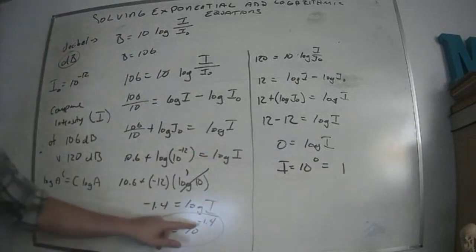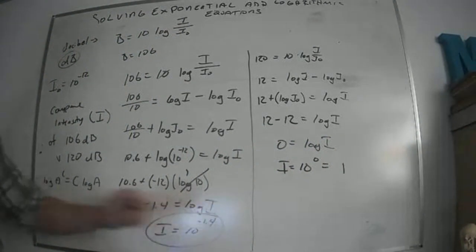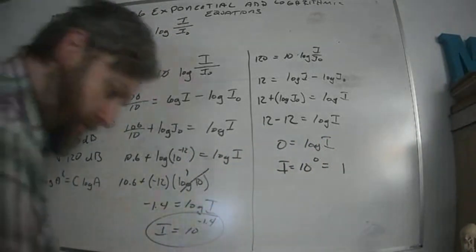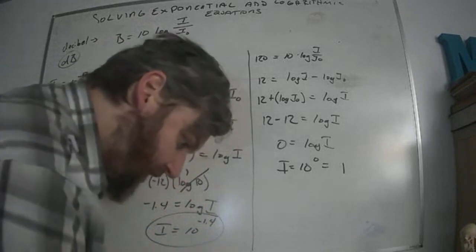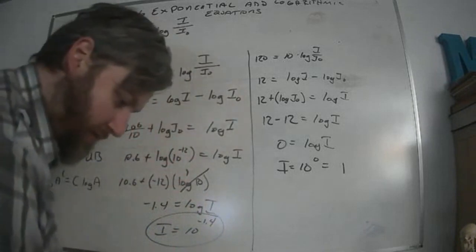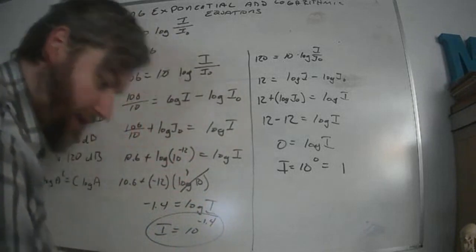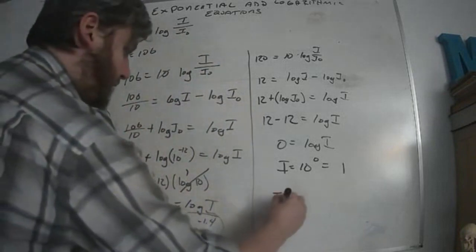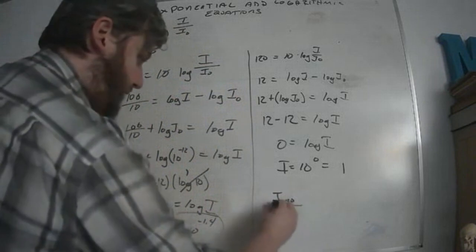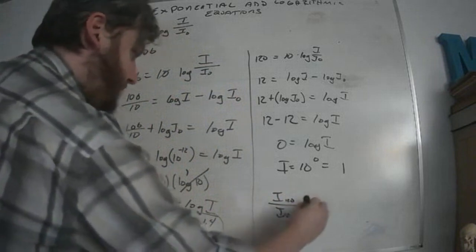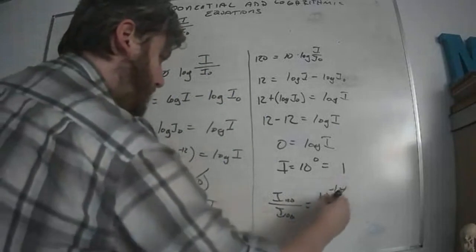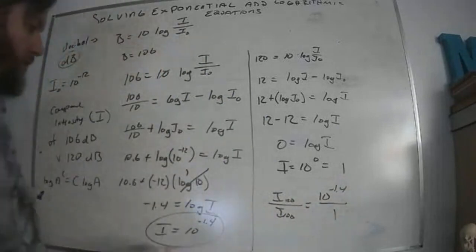This intensity is 10 to the power of minus 1.4. And now I want to get the ratio of the intensity of rock music at 120 decibels to that of a power mower at 106. So the ratio, I want I of 120 divided by I of 106, which equals 1 divided by 10 to the minus 1.4, all the way around.